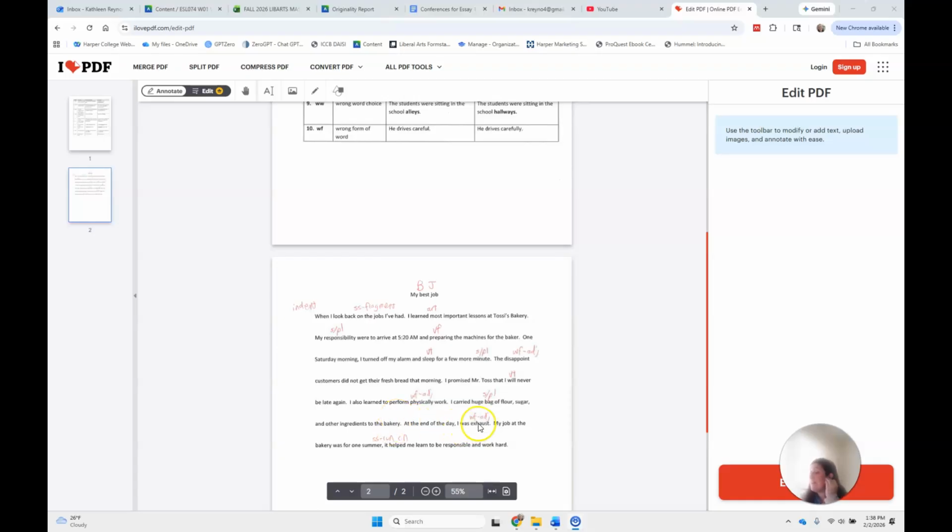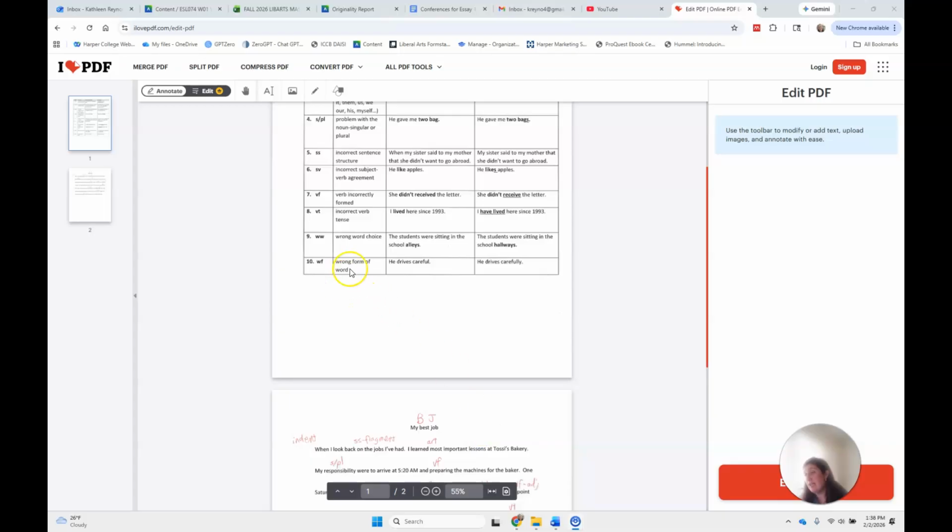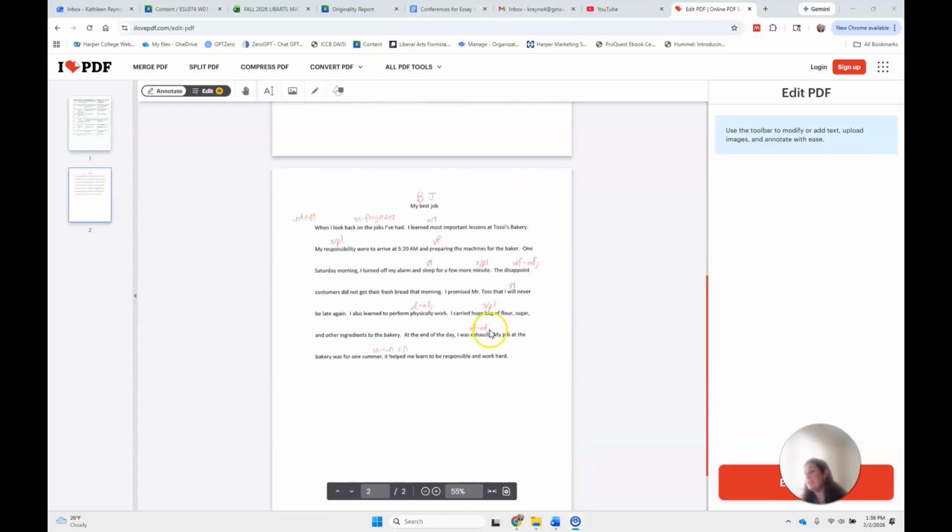At the end of the day, I was exhausted. I must change this to exhausted, again, ED, to describe the emotions. My job at the bakery was for one summer, comma, it helped me learn to be responsible and work hard. So this is a run-on sentence because it's really two sentences connected with a comma. In English, we cannot connect two sentences with a comma.